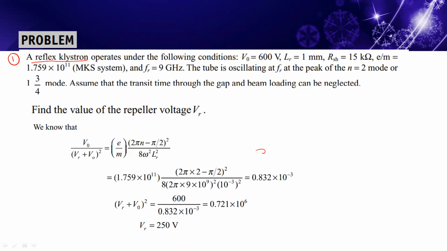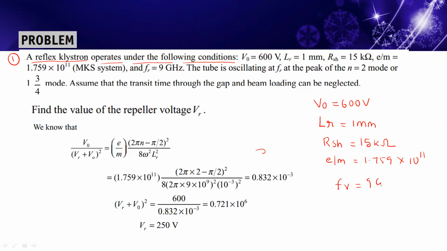A reflex klystron operates under the following conditions. What is mentioned? V naught equals 600 volts and L equals 1 mm. The shunt resistance R_sh equals 15 kilo ohm. The ratio of electron charge to mass, e by m, is 1.759 times 10 power 11. The resonant frequency mentioned is 9 gigahertz.